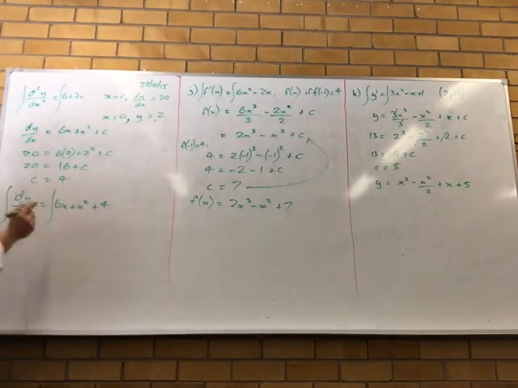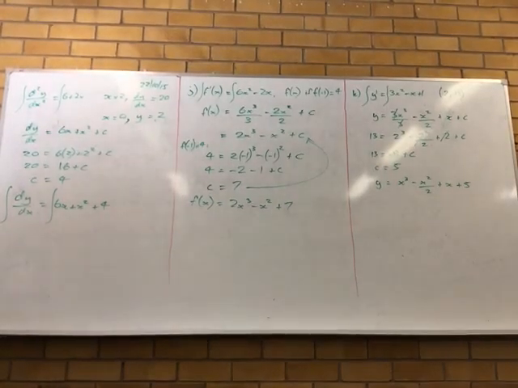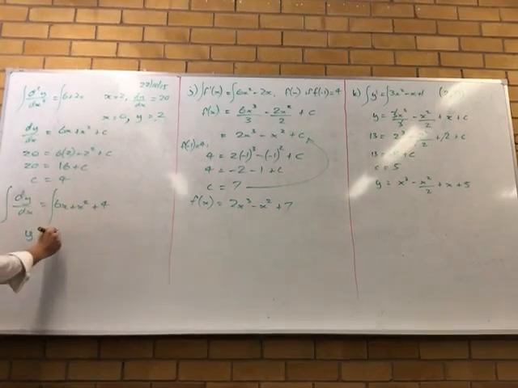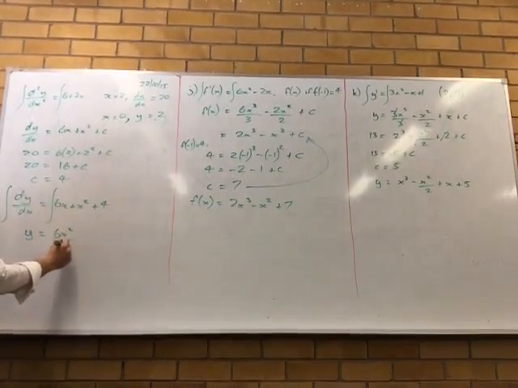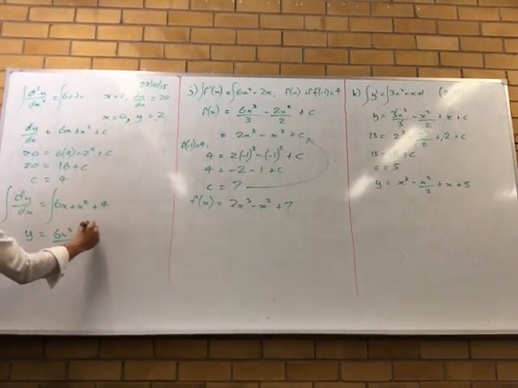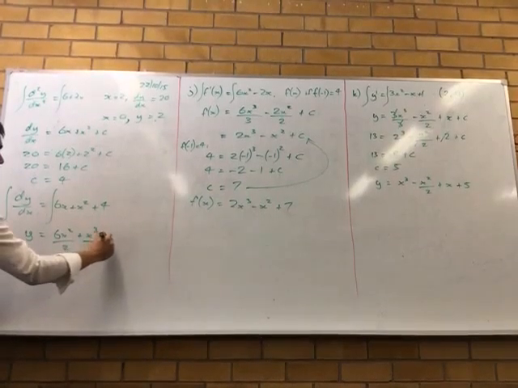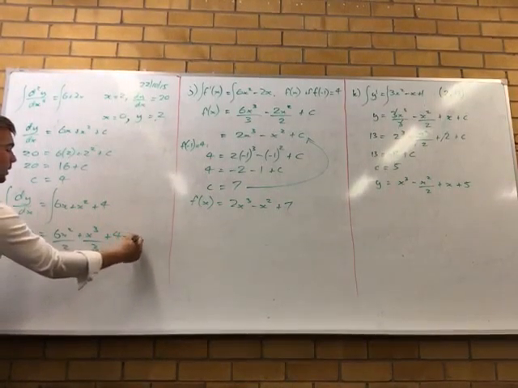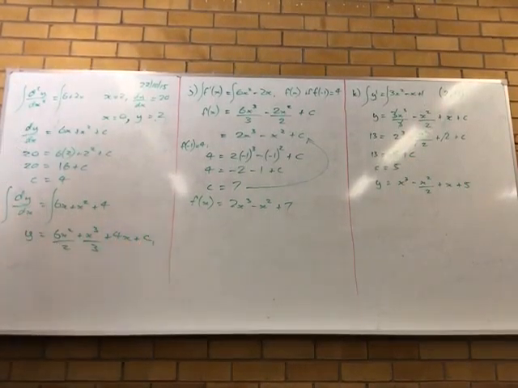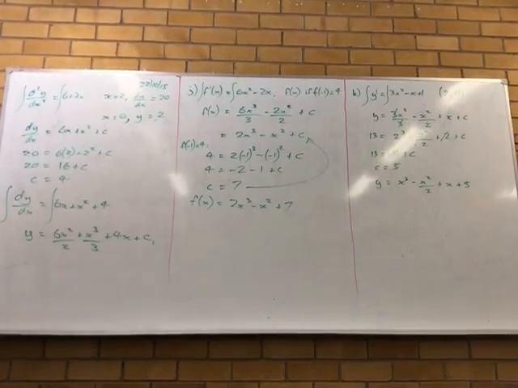We still need to get the original curve, so we still need to integrate. So y is going to be 6x squared on 2 plus x cubed on 3 plus 4x plus our second constant of integration.